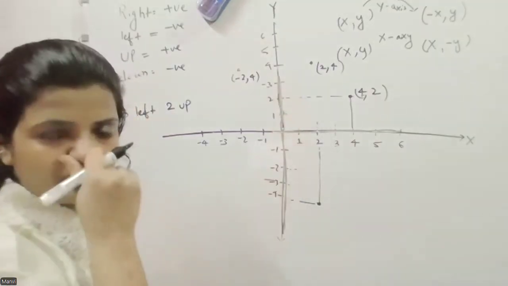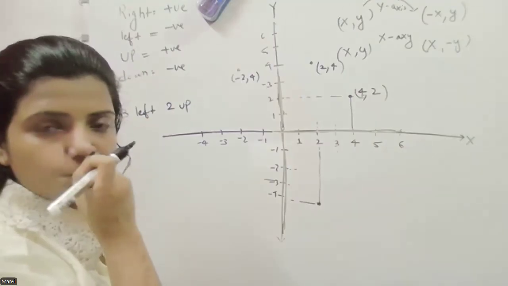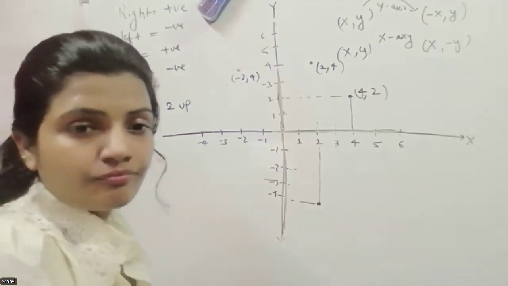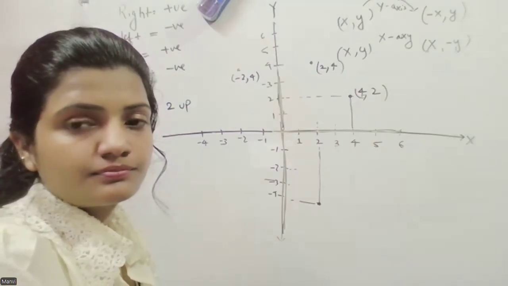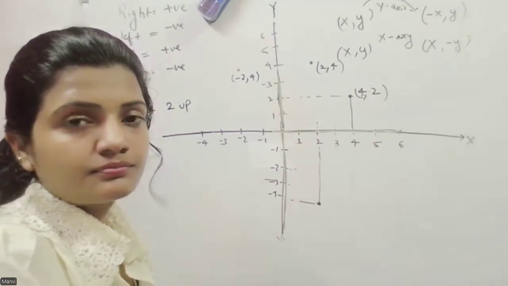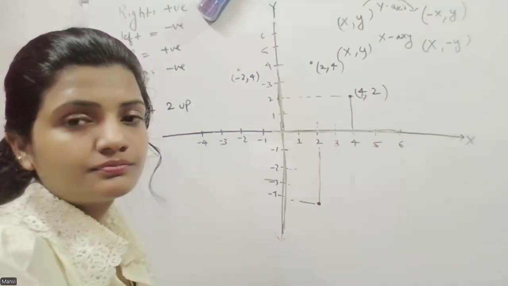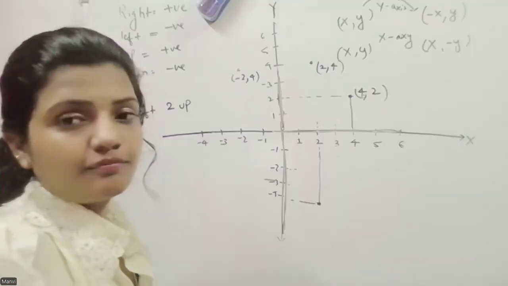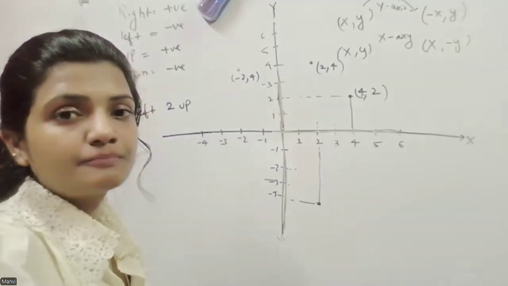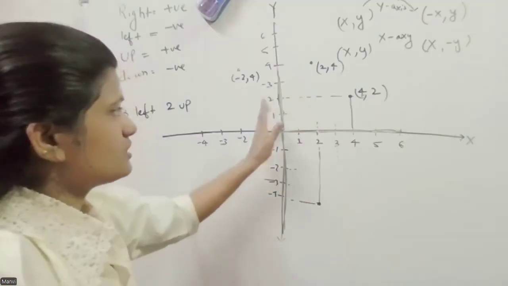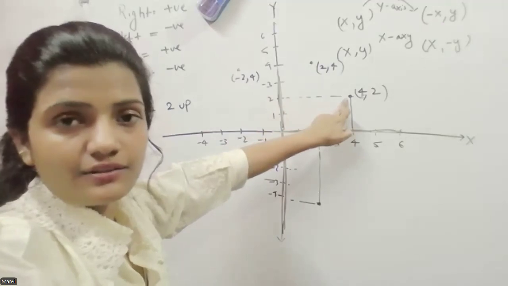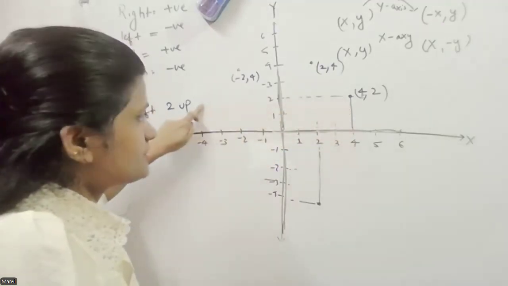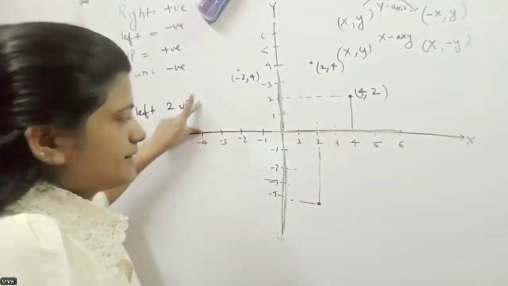Is it here? Will it be minus 4, comma 2? Yeah, minus 4, comma 2, because here it moves 4 units right, so we need to move 4 units left, and 2 units up stays the same. Very good.